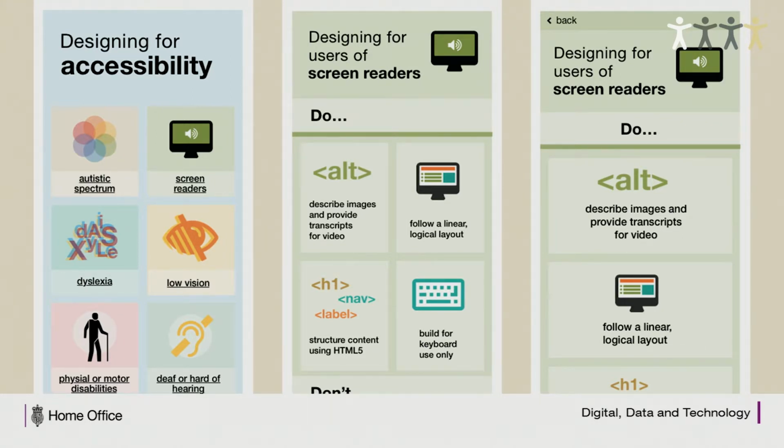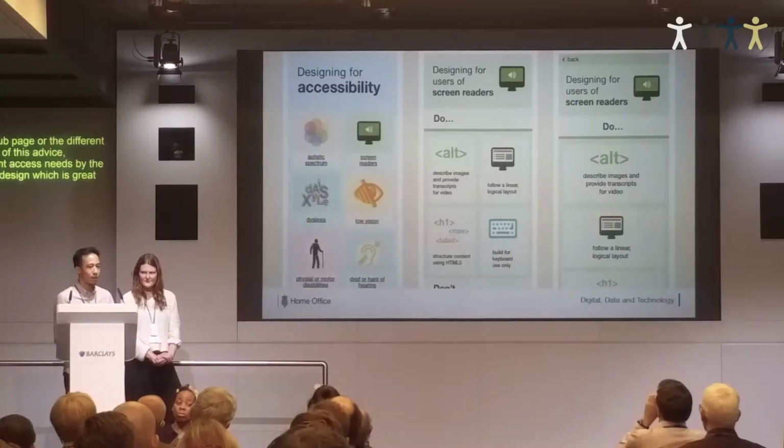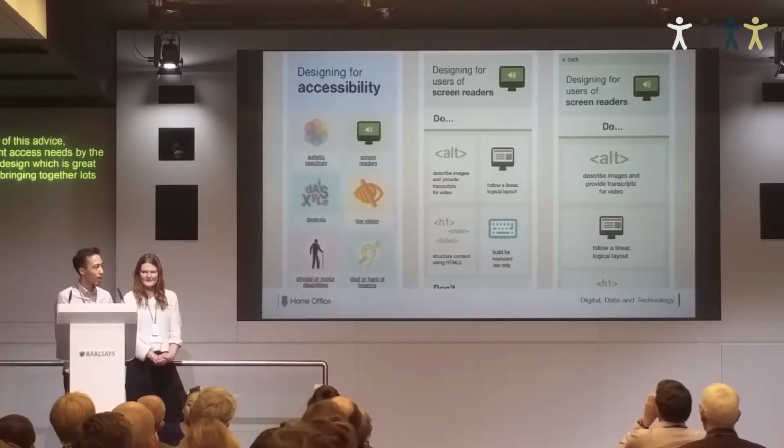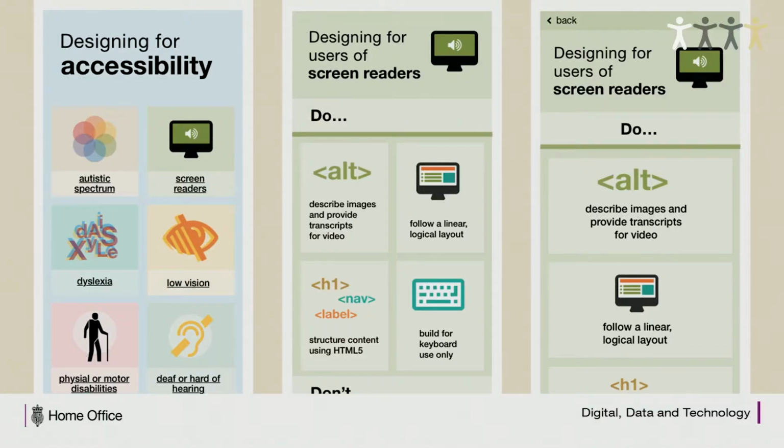And for example, a lot of this advice, although it's separated into different access needs by the posters, is actually great advice in general for design that also happens to be great for accessibility. So we thought about maybe bringing together lots of different general guidance and making that its own page, or surfacing it as soon as the user lands on the site and letting them filter down and drill down into the specific needs that they were designing for at the time.